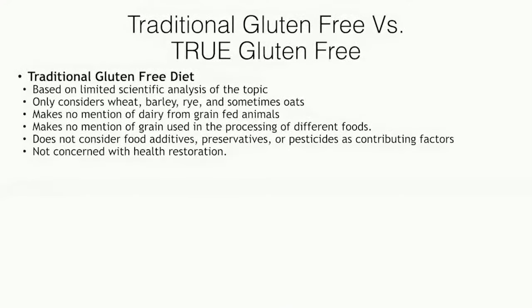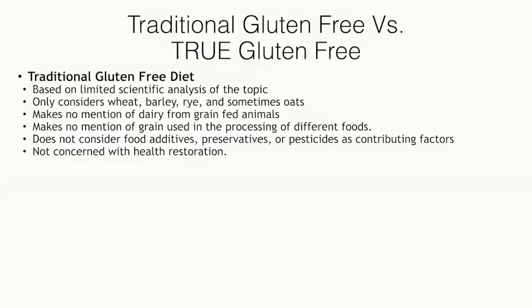If it contains less than 20 parts per million of wheat, barley, and rye prolamine, then we can label that product gluten-free and get away with it legally, because that's the legal definition that the government has put forth for food labeling packaging requirements.